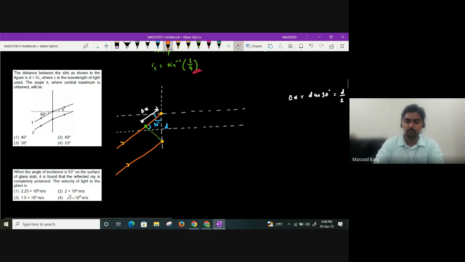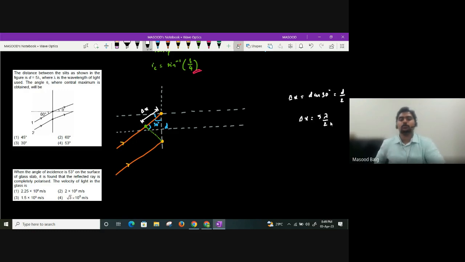Now which ray has to travel more distance? The first ray initially traveled more distance. Now the second ray has to travel more distance. So what is the value of theta they are asking here? Delta x we got as D divided by 2, and the D value we got is 5 lambda, so delta x is 5 lambda divided by 2.